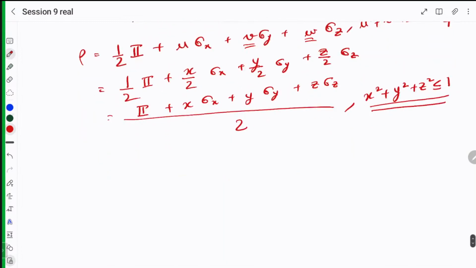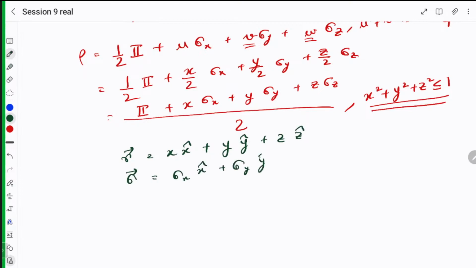And if you write our vector as r, so just bear with me. I know it's past time, but this is the last line. So sigma, if we write as sigma x, sigma y, sigma z, then we can write rho as I plus, you see, x sigma x plus y sigma y plus z sigma z is nothing but r dot sigma.